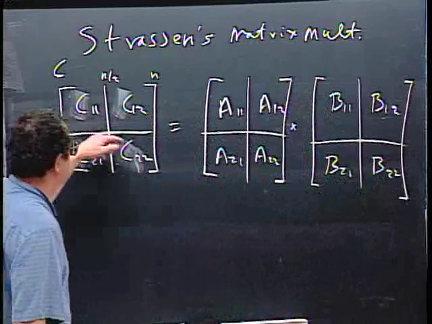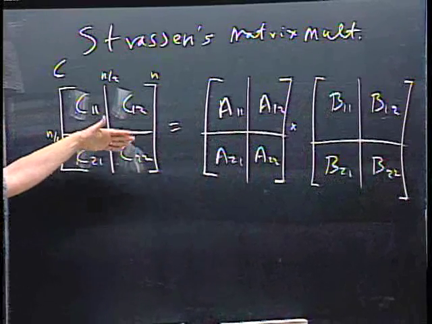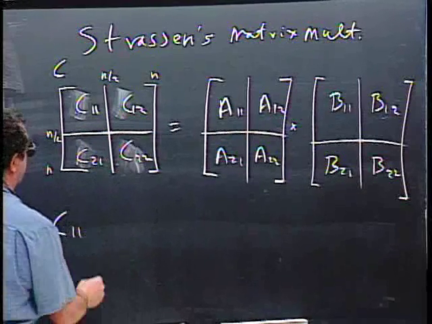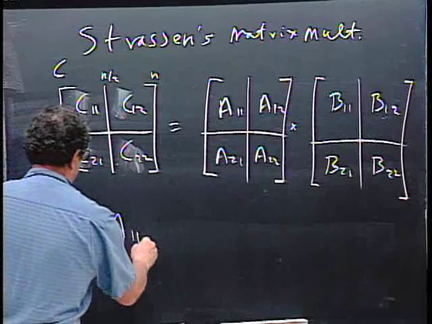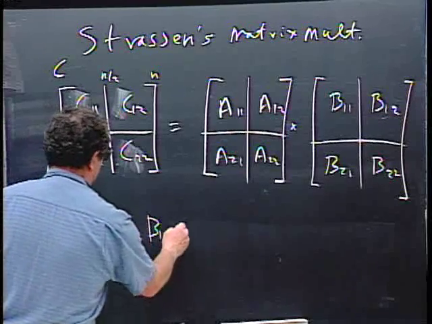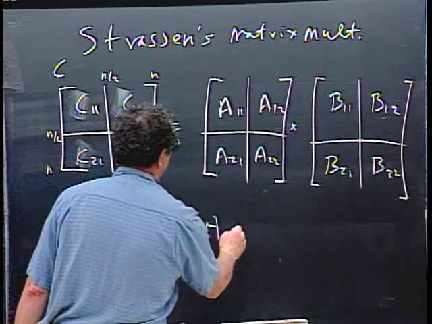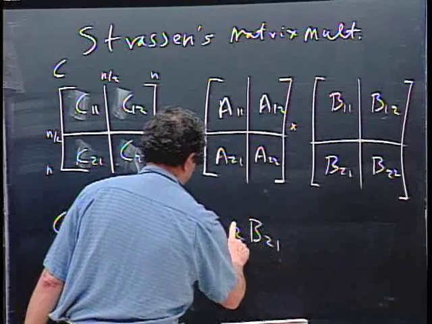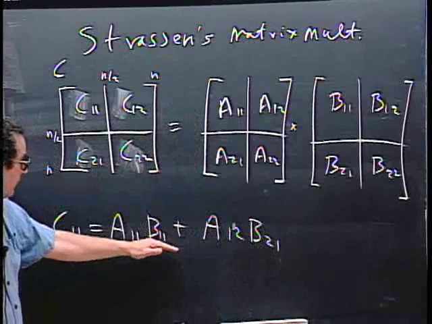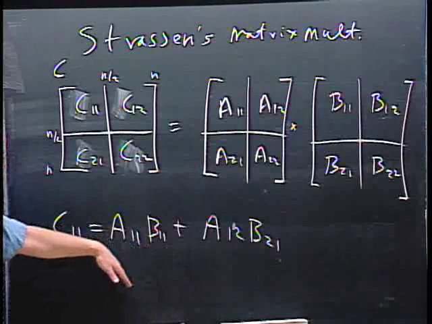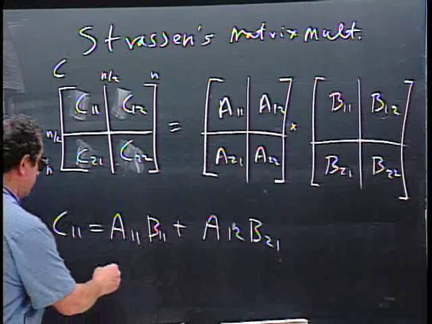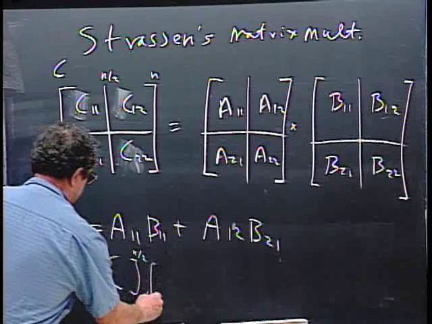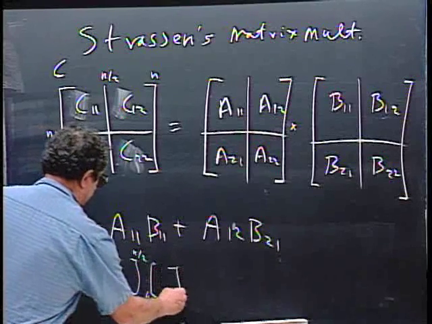Okay, so we now have divided up the matrices and given names to each of the quadrants. And now note that C11, for example, is equal to A11 times B11 plus A12 times B21. Okay? Where here, this is a matrix multiplication. This is a multiplication of 2 matrices that are of size n over 2 by n over 2.